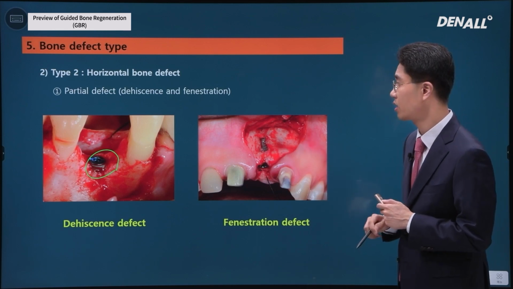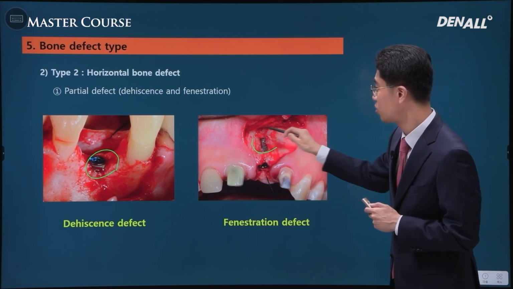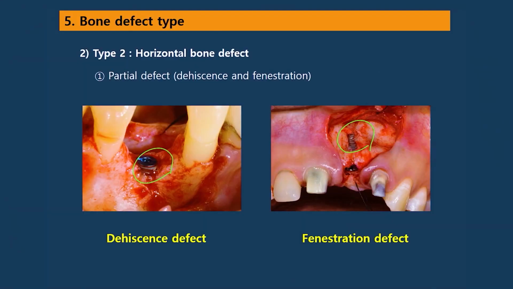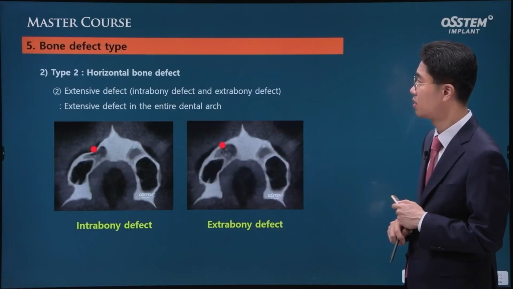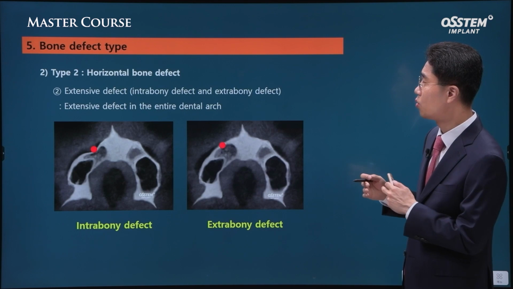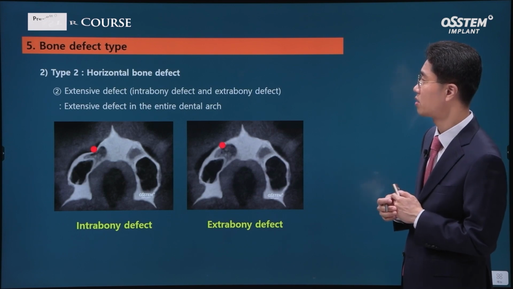Let's look at a clinical case. The buccal side of the implant top is exposed. We can see this very frequently clinically, and the implant bottom is exposed. There's fenestration. When you do surgery, the fenestration defect is much easier to treat compared with dehiscence defect. This is a case where there has been extensive bone resorption in a horizontal defect.